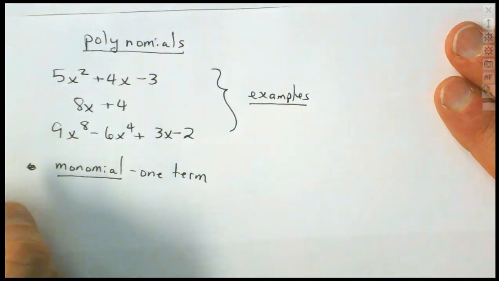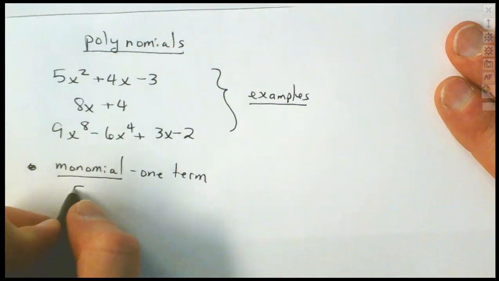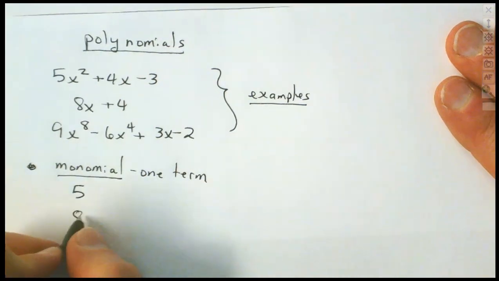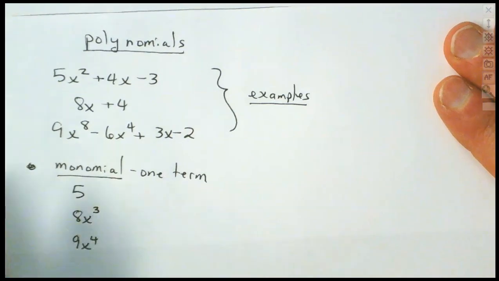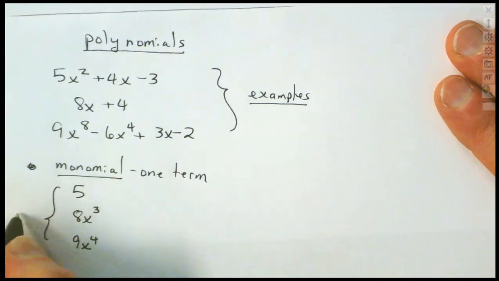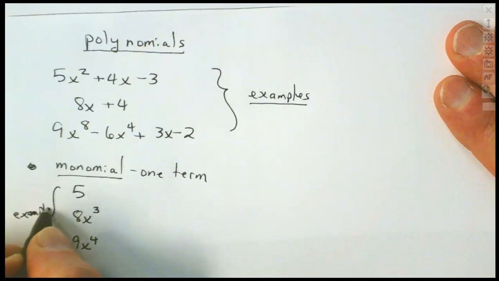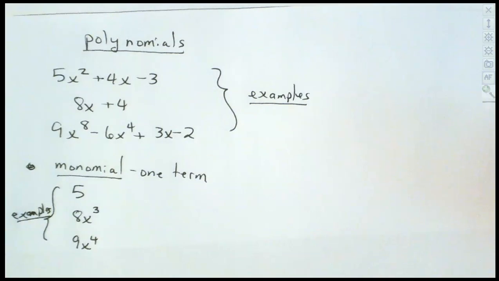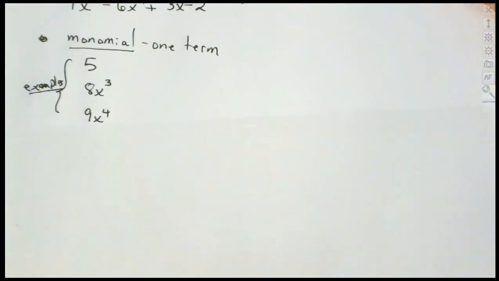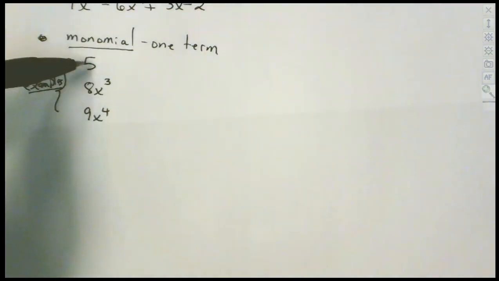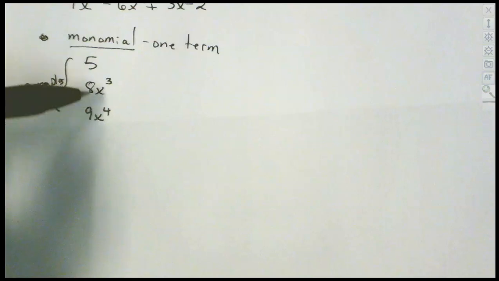And these are examples of monomials. 5, 8x cubed, 9x to the fourth. So these are examples of monomials. Mono means one. So these have one term. Each of these has only one term.